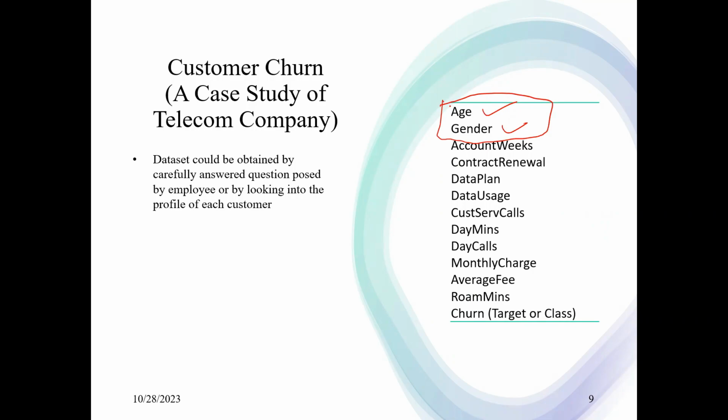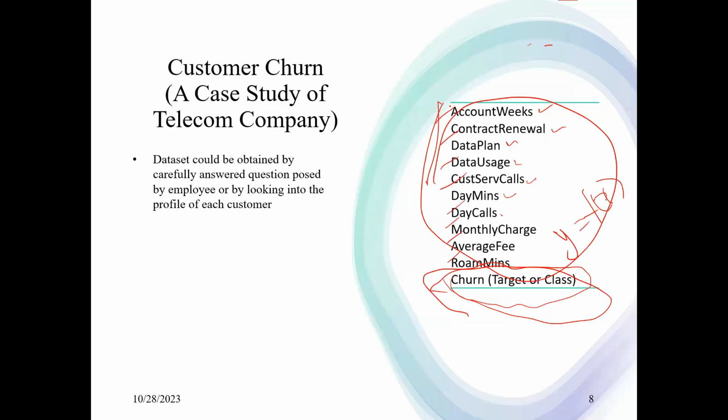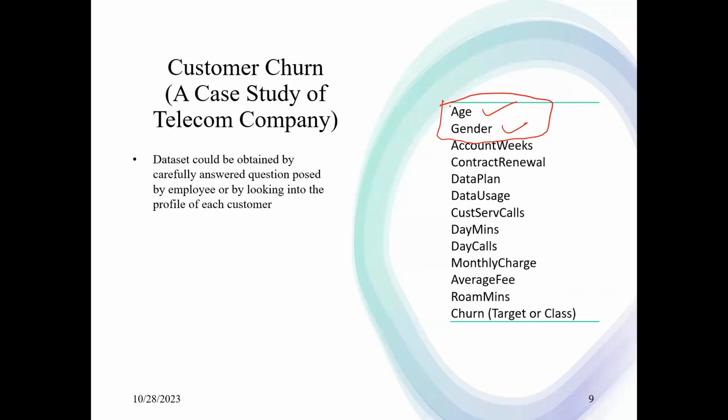Maybe age is very important. Maybe gender also is very important, because if they are youth, maybe they are more likely to need a lot of things that they can't get from this company, and they need to go immediately. So age has been ignored in this data, but we can bring it back. Next time I can tell my client, look, you need to provide age and gender as part of the data set you are going to supply.